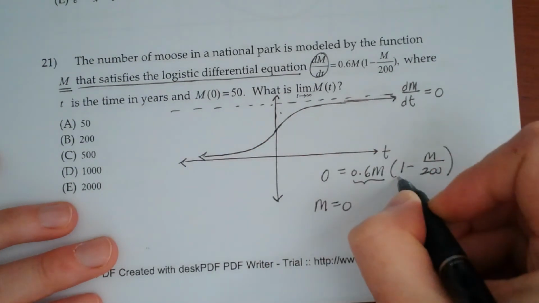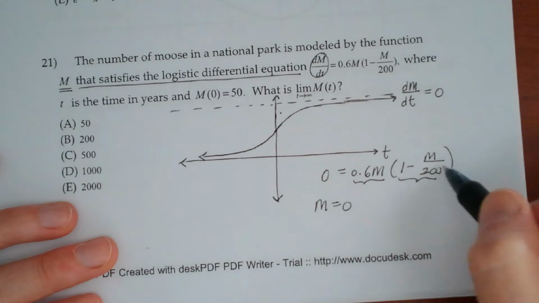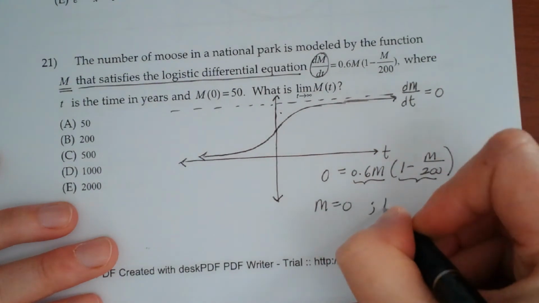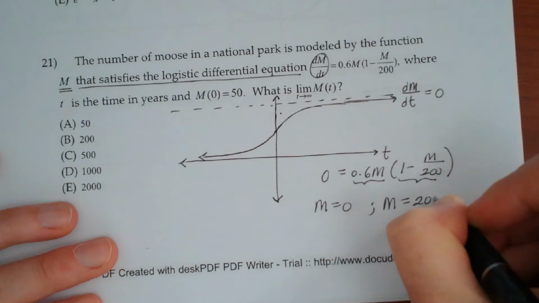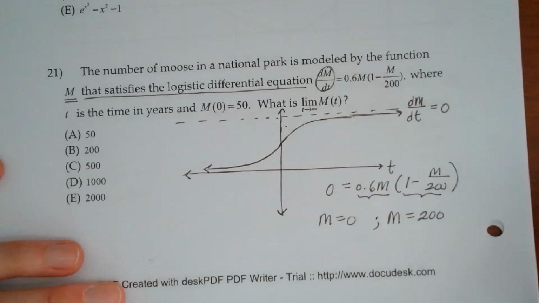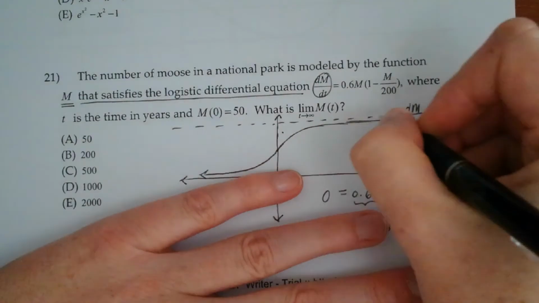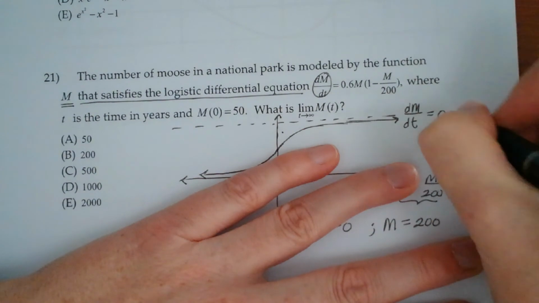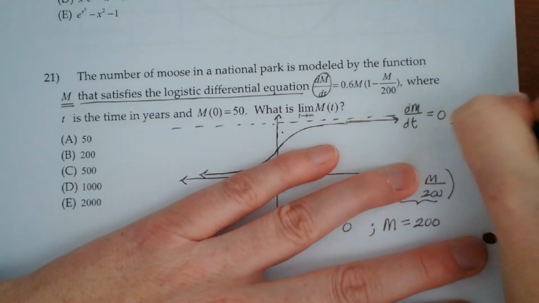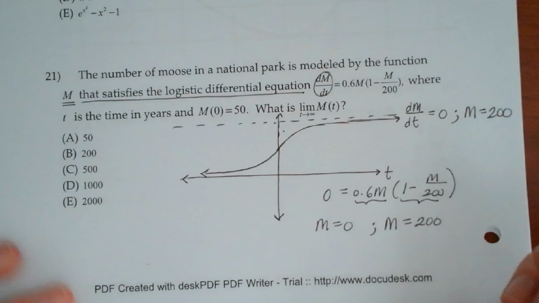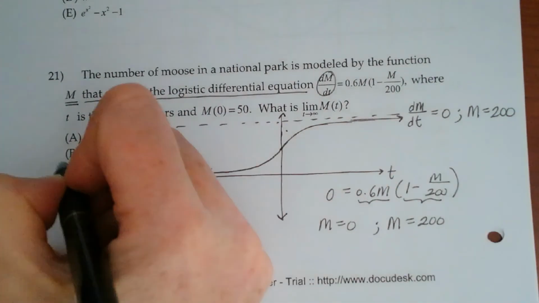And then the other m value would be whatever it takes to make this part be 0, and that would be m equaling 200, like so. And so I would say that this line right here would be m equals 200. There we go. Hopefully that makes sense. So the answer should be B.